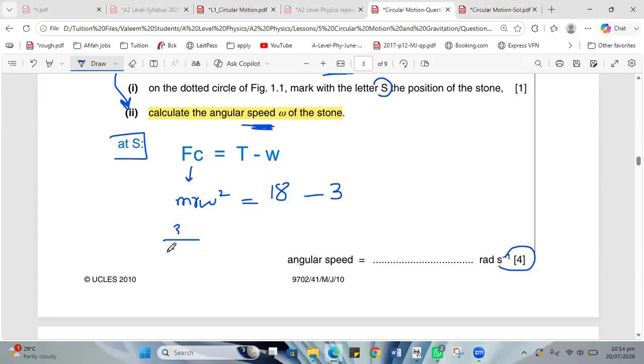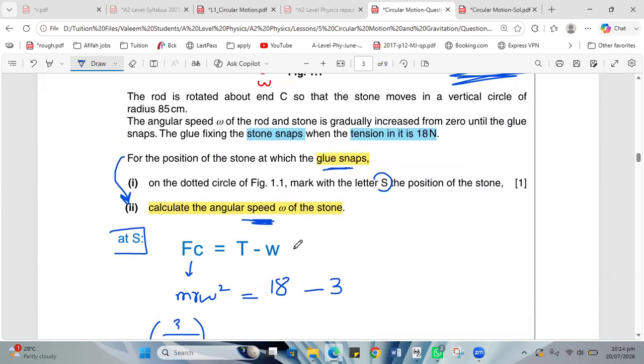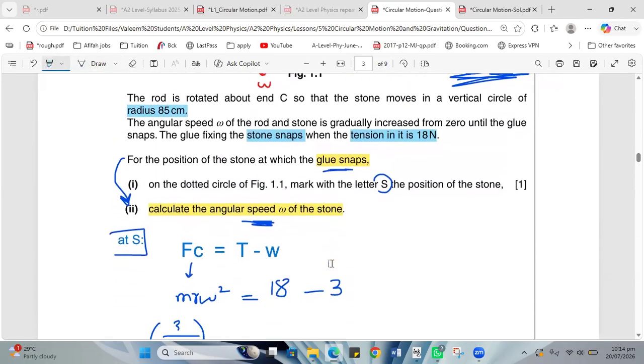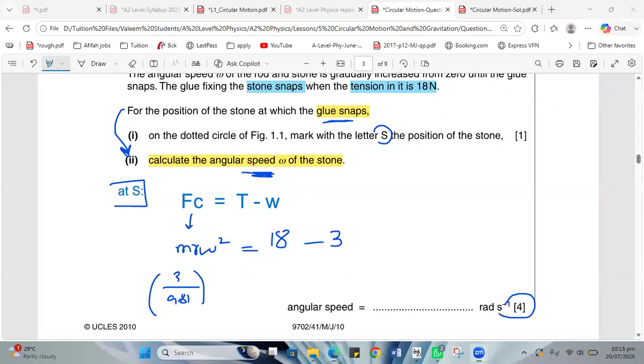Mass is 3 upon 9.81, weight upon g. R, do we have the radius? Yes, here it is, 85 centimeters. Please convert it to meters, 0.85. And finally, omega square. Solved. Question solved.